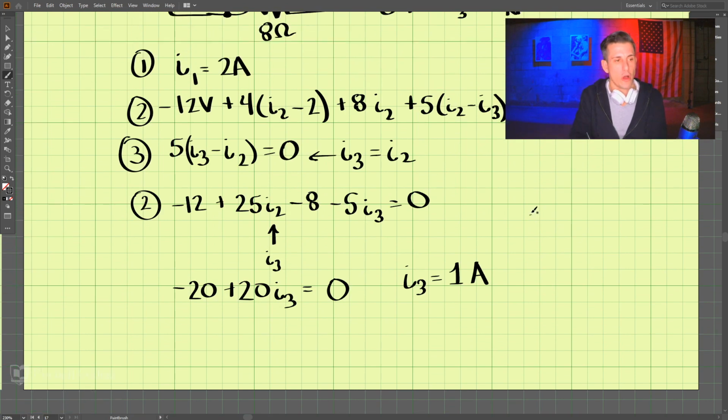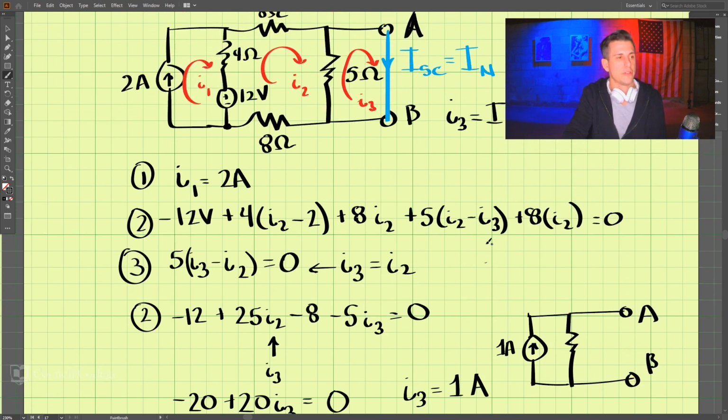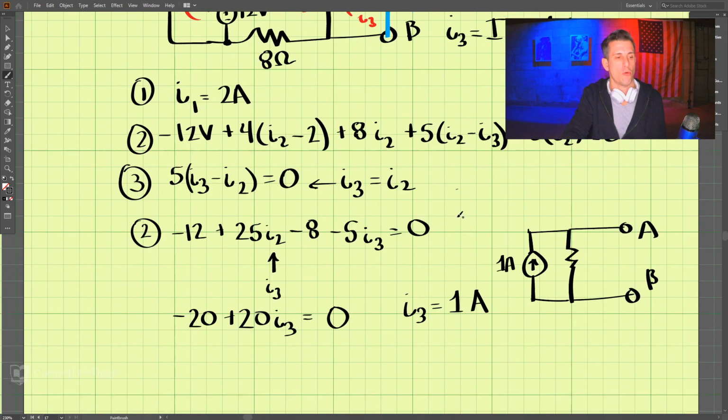So if we were to draw this, we would have 1 amp, and then we would put our resistance over here, and this would be A and B, and we found our resistance was 4 ohms.